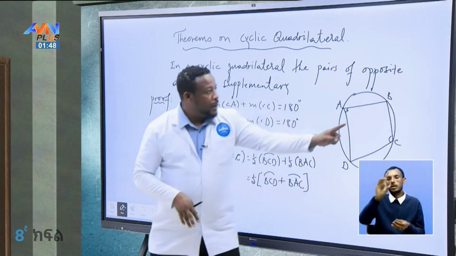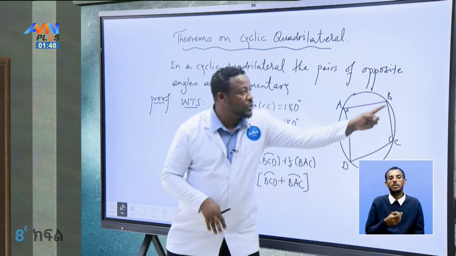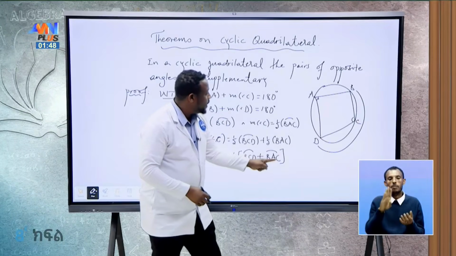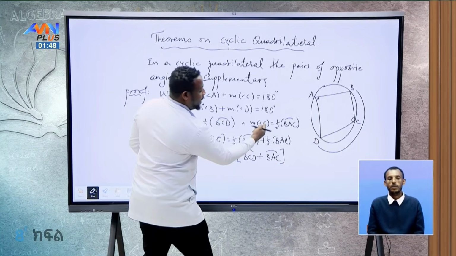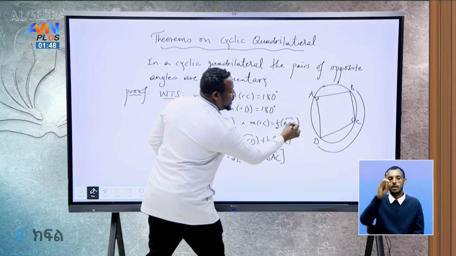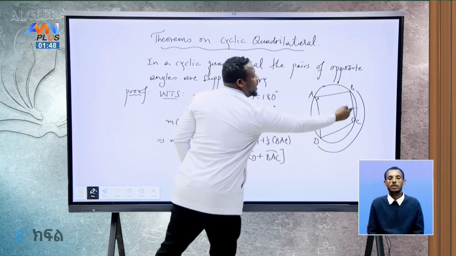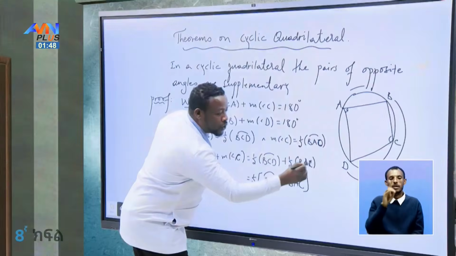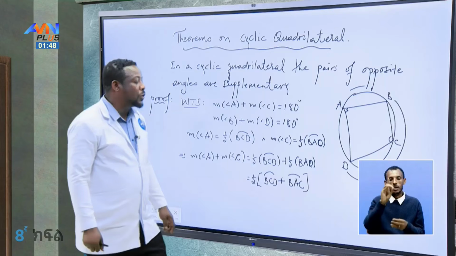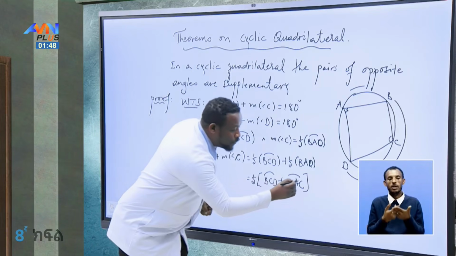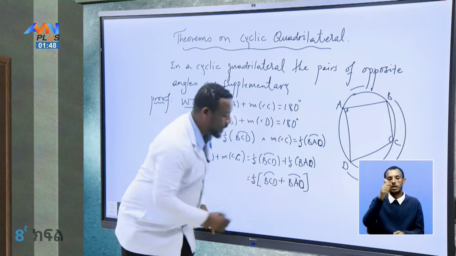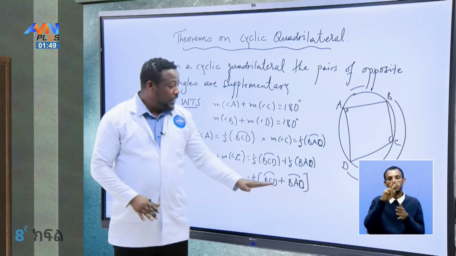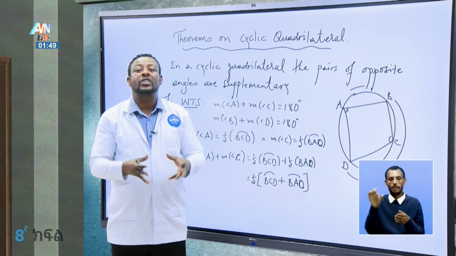Here, I need you to critically observe the diagram and these two sum. BCD means this portion, the whole of this part, and for angle C, it is half of BAD, not BAC. Because C is subtended by this, this is D, so you can make this correction. Here you have to make BAD. So I need you to critically observe these two sum. These two arcs together form a complete circle.